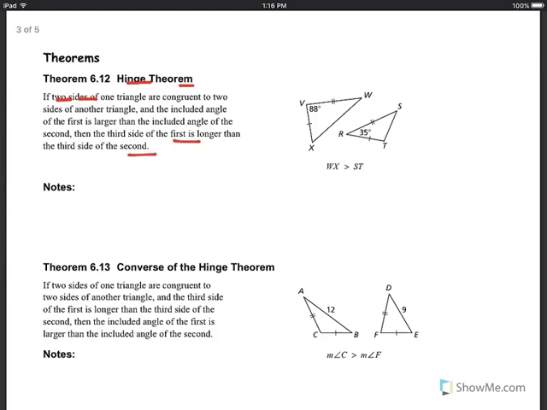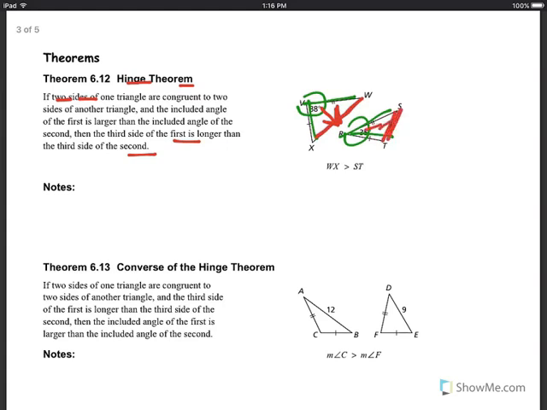Basically, it's just saying if you have two sides and they're congruent, okay, and you look at your included angle, that means the angle in between. Whichever one is bigger, you're comparing your side lengths that are across from those. Whichever one's bigger is going to have the bigger side length.